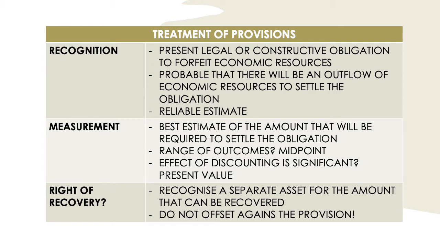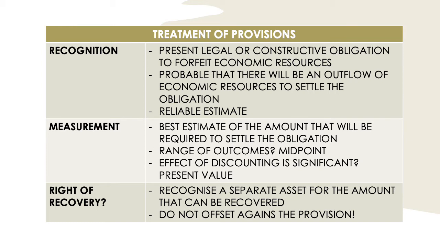If there are a range of outcomes, you need to use the midpoint of these outcomes. And then if there is a significant discounting component, then we need to recognize the provision as the present value. Now, if there is a right of recovery, you do not offset the amount that can be recovered against the provision.